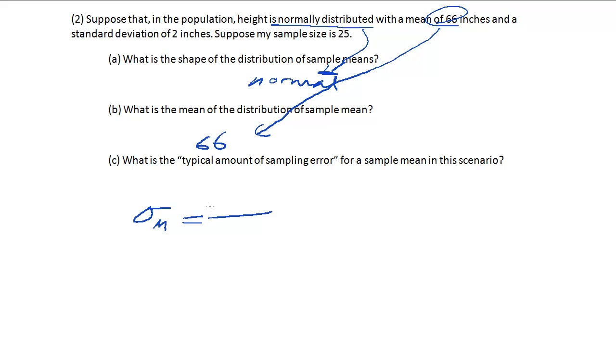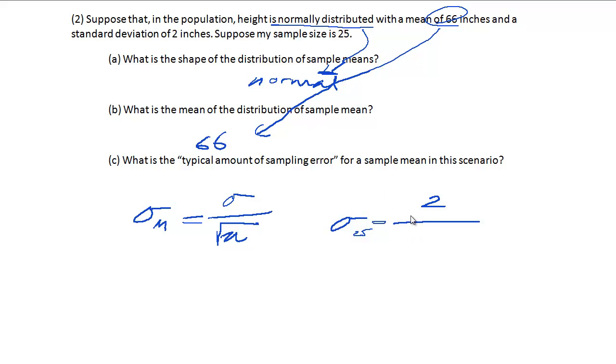The standard deviation of the means: in this scenario, my sample size is 25, and the population standard deviation is 2.